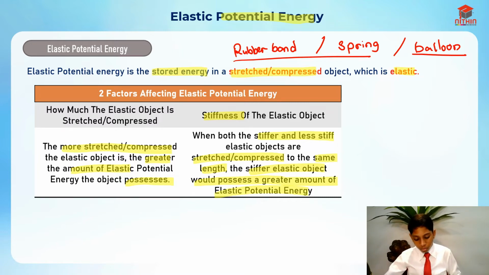Some of you will think, how do I find the stiffer object?